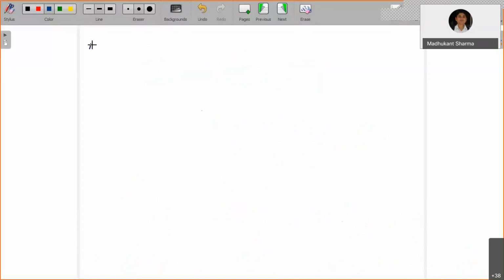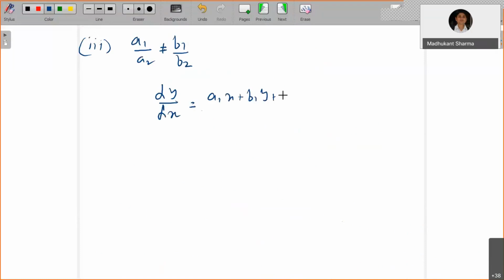Now the third case is, suppose a1 by a2 is not equal to b1 by b2. Then what will you do? In that case, dy by dx equals a1x plus b1y plus c1, divided by a2x plus b2y plus c2.